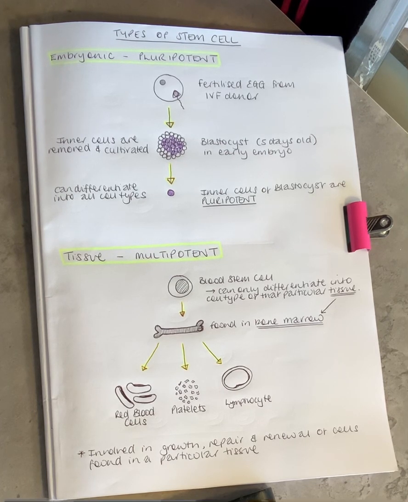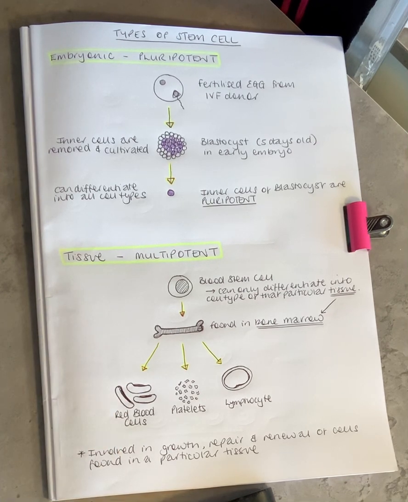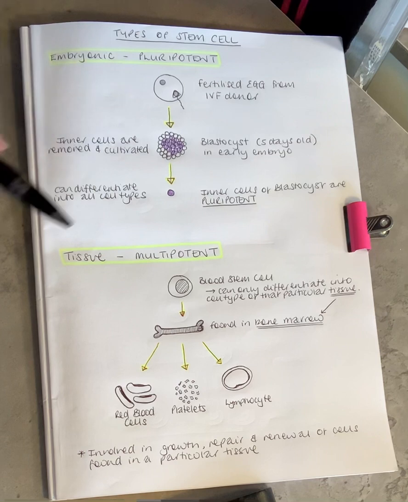That's the real reason why we talk later about the ethical side of using them, although I'm not necessarily talking about it during this revision period. When we remove these inner cells, the embryo is no longer classed as viable. As we've talked about in class, it depends on an individual's belief system.